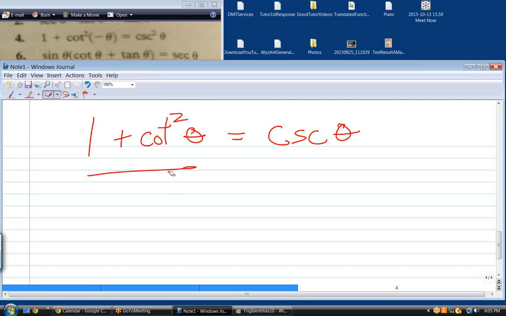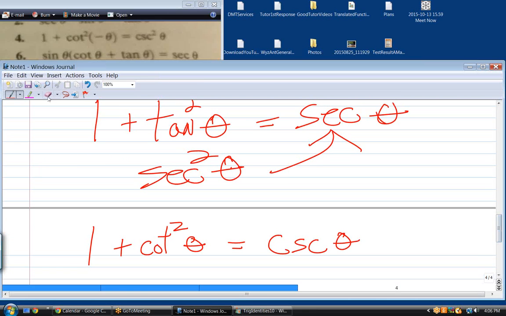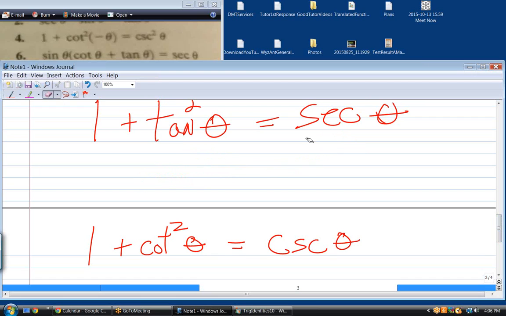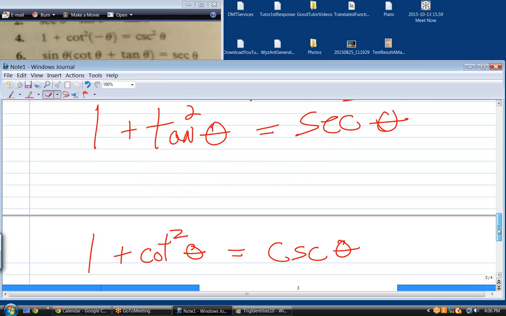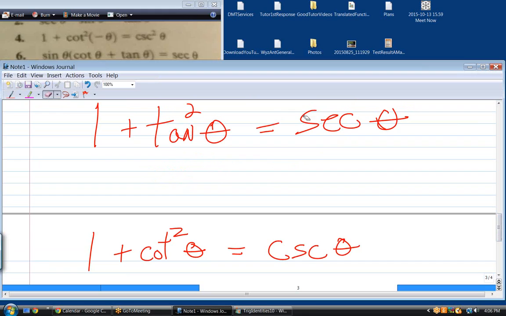And that is our third Pythagorean identity. In other words, the left side is equal to that. Notice, let me just reinforce this. This is the second Pythagorean identity.